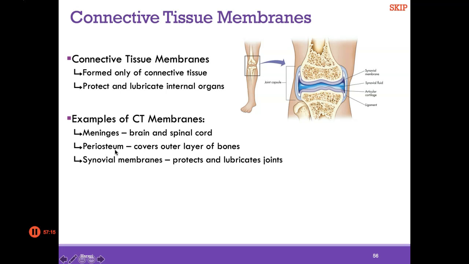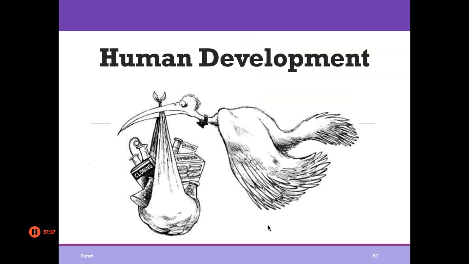Periosteum covers the outer layer of bones. And synovial membranes protect and lubricate joints. So these are formed only of connective tissue, not of epithelial tissue at all. But again, these are membranes because they help protect internal organs. And again, we're not going to talk too much about these in this class.